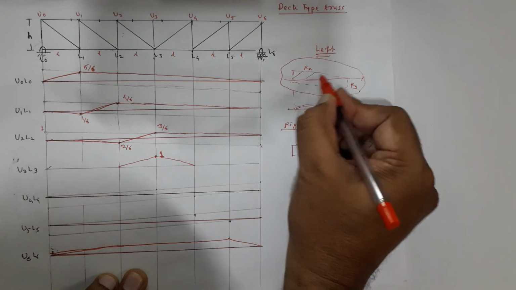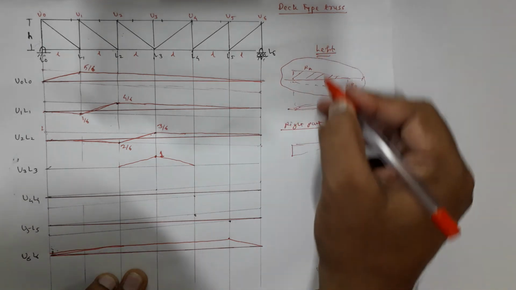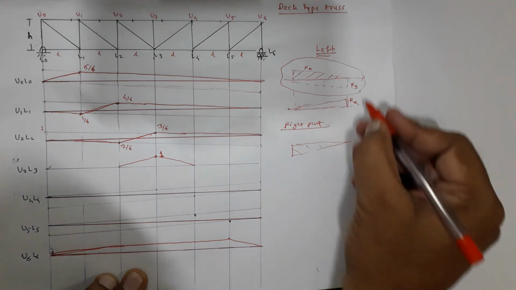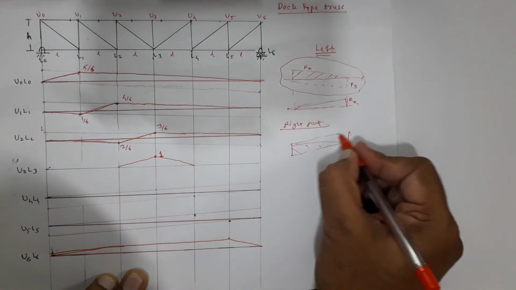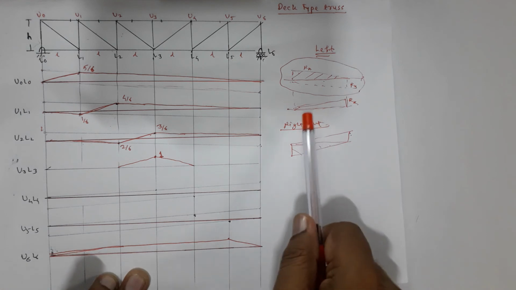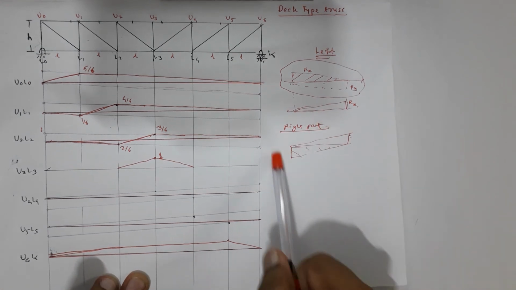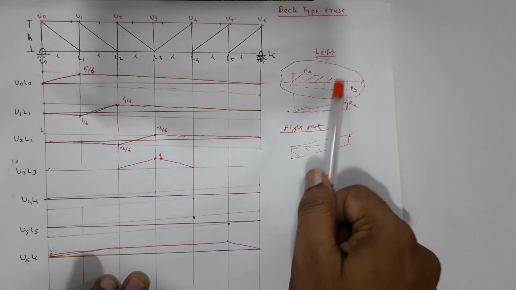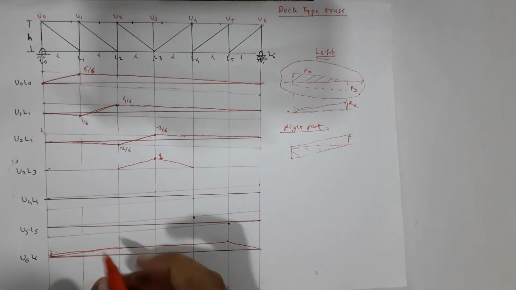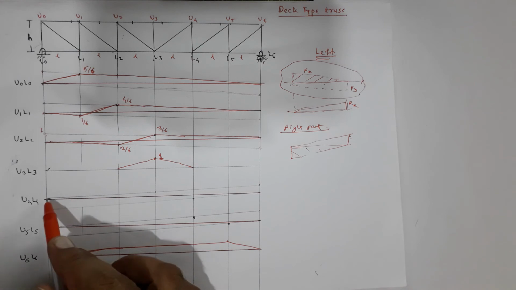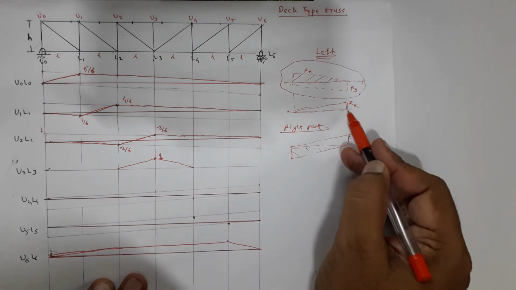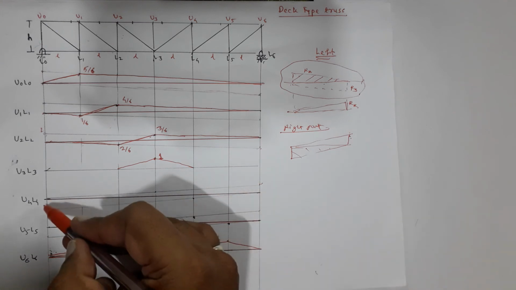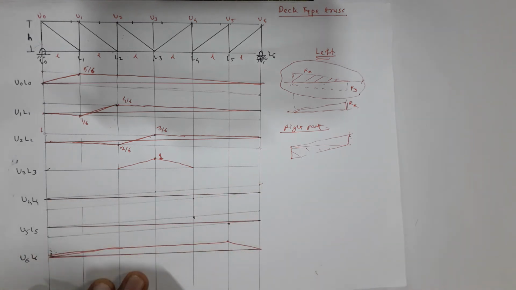So this was the ILD for RA above the baseline. Now here I am drawing it below the baseline, and the ILD for RB is to be plotted above the baseline. See the difference. When you are in the right part, draw the ILDs in the opposite manner to that for the left hand side. So that is what I have shown, that this line is inclined and one has been considered above the baseline and one below the baseline for the left part.